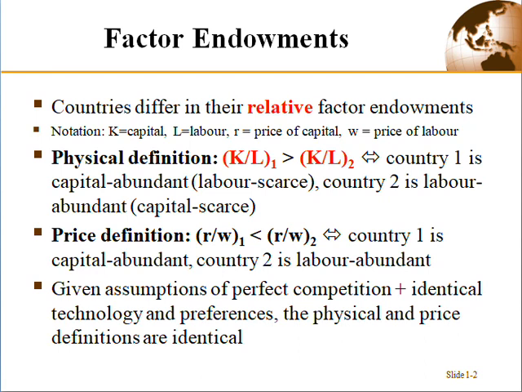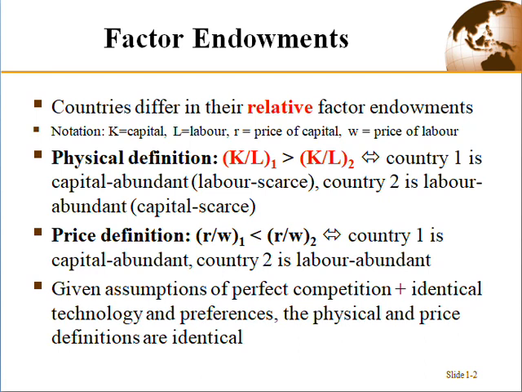Now R stands for the price of capital, whereas W stands for the price of labor. So if the proportion of the price of capital over the price of labor, R over W, is smaller than that of country 2, then country 1 is considered to be capital abundant, whereas country 2 is considered to be labor abundant.